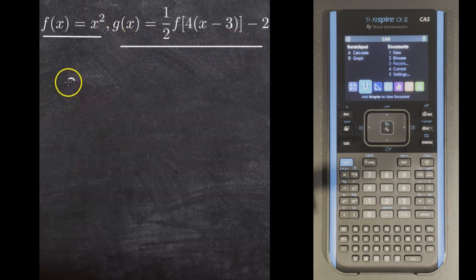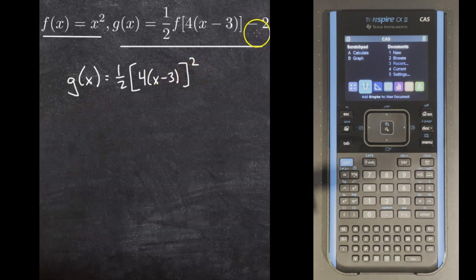So when we do that, we're going to have g of x is equal to 1/2 times this function. So we're replacing the x with 4 times (x minus 3), and then we're going to square all of that. And then we have to subtract this 2 at the end here.